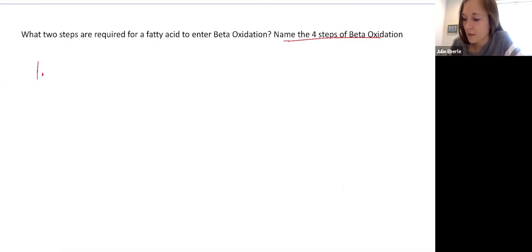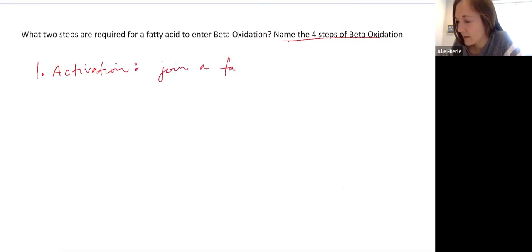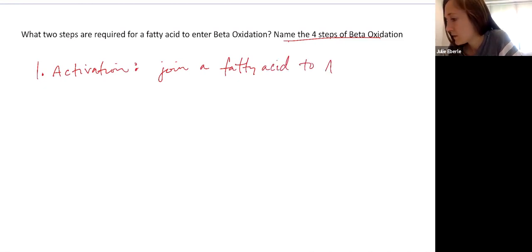So number 1 is called activation. We have to join a fatty acid to acetyl-CoA, and in the process we produce a fatty acyl-CoA.